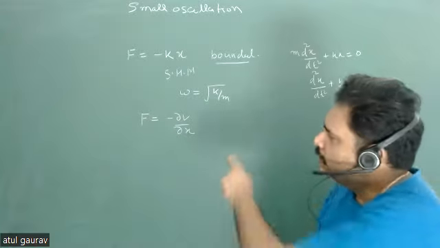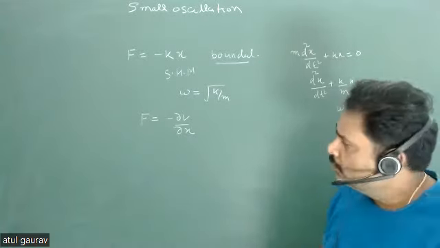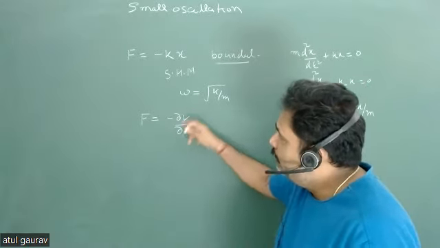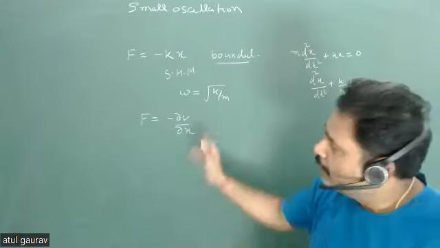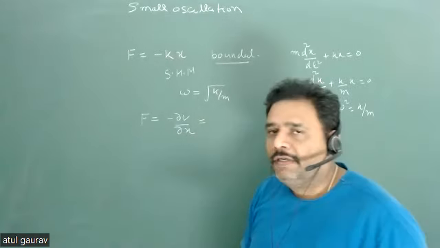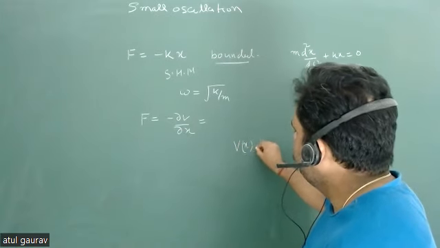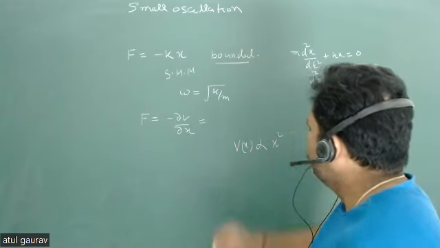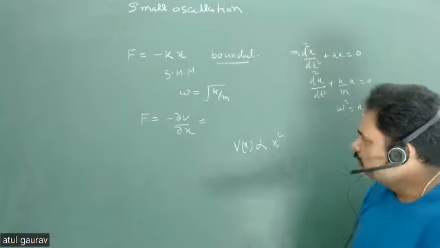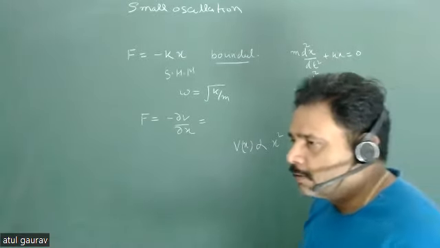If F is linear, the del V upon del X is linear, then what is your V? Of kx square type. Obviously V will be parabolic in nature. So your V of x is proportional to x square. So this is your parabolic.